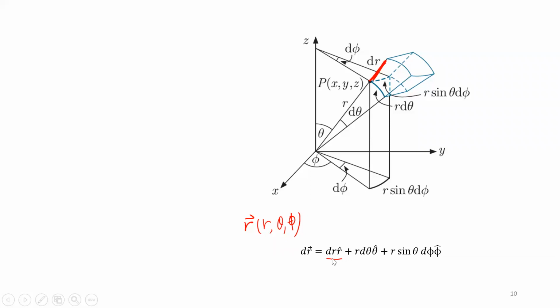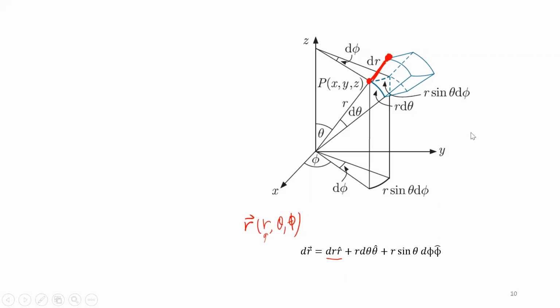Right? So that is to say, if your particle initially is here, and if you change the r value a little bit, then your particle will move to here. Right? So if you keep the theta and the phi variables fixed.